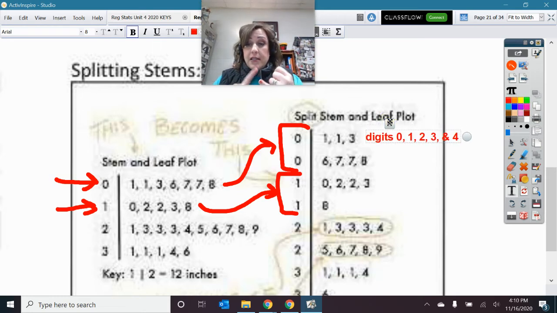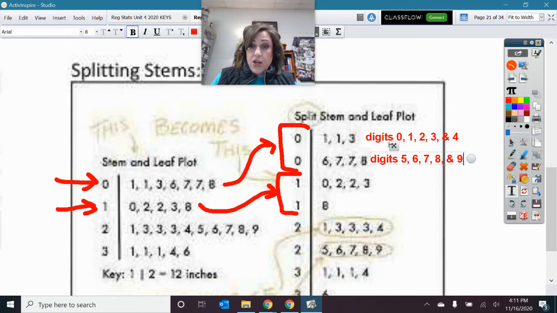So if you had 0s, 1s, 2s, 3s, or 4s, they go there because that's 5 digits. That puts the other 5 digits here. So the digits in the second stem are going to be the 5, 6, 7, 8, and 9s. So 5 digits there as well.